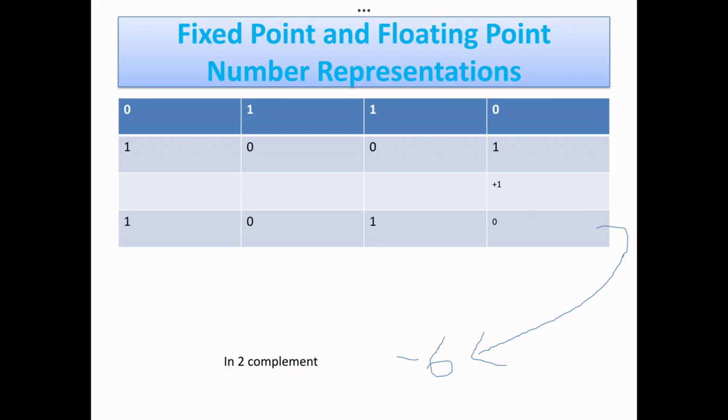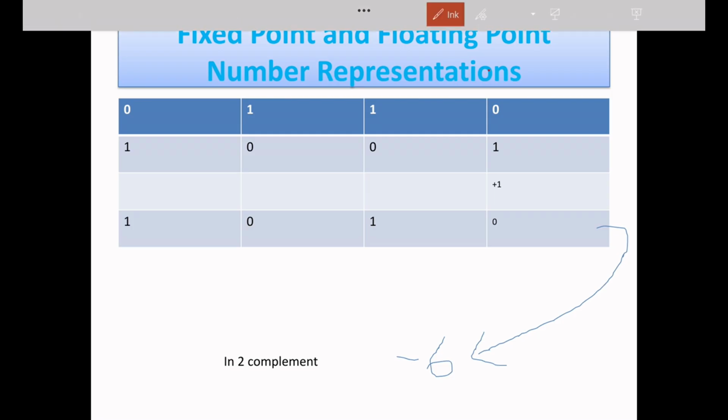So now what is the second complement? You can see again the same number, this is plus 6, and this 0 is indicating it is plus 6. Now at first I will write its complement. 0 complement is 1, 1 complement is 0, 1 complement is 0 and 0 complement is 1. So this is the 1 complement.